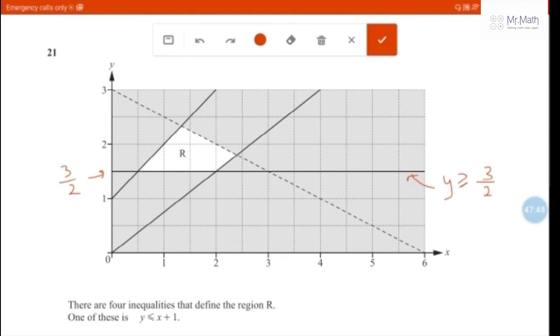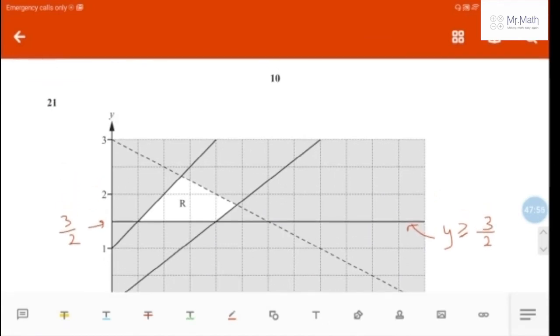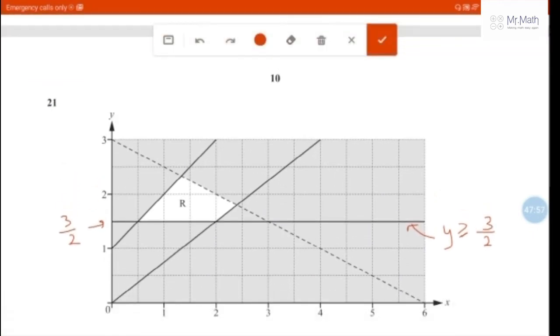Now, I'm left with 2 other inequalities. So let's find the equation of this line over here. To find the equation of this line, I have to find first the gradient. So I have to pick 2 points.